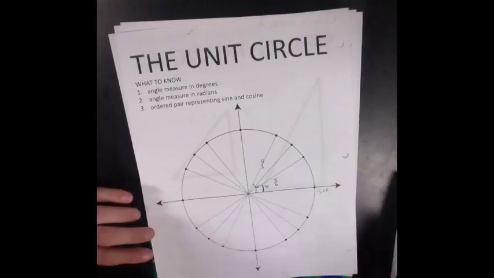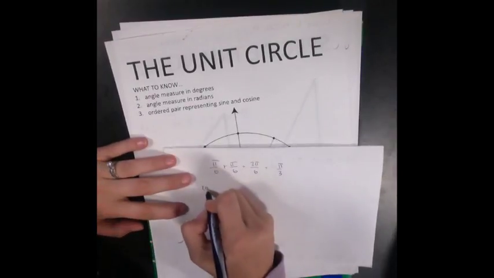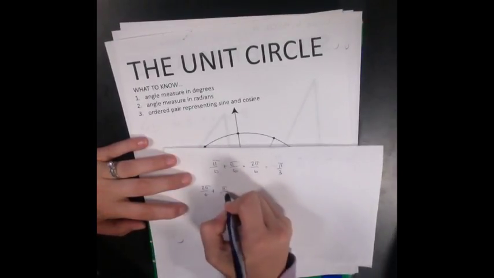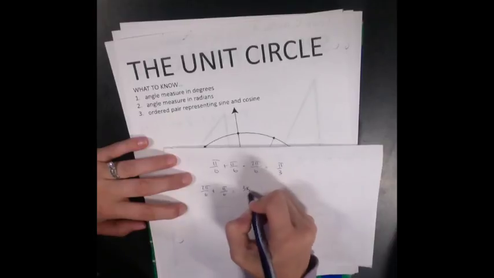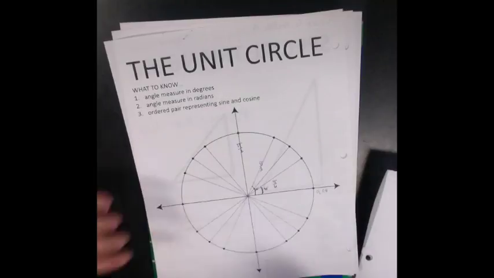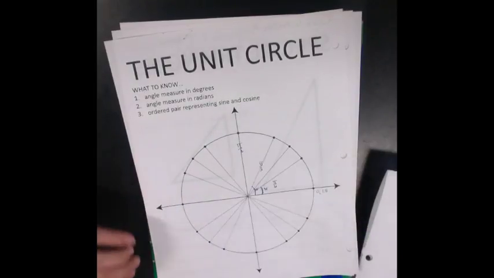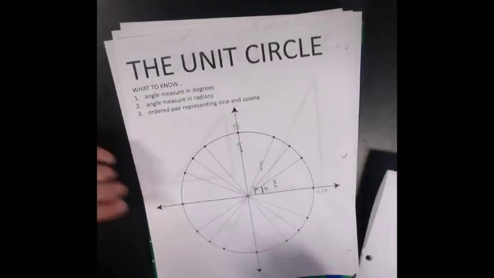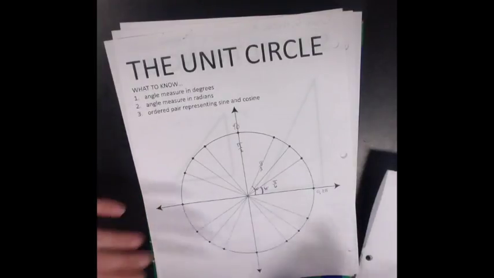Let's add another 30 degrees. So 2 pi over 6 plus pi over 6 gives me 3 pi over 6, which is pi over 2, which is right here. This is what we know is 90 degrees. Let's add another pi over 6.